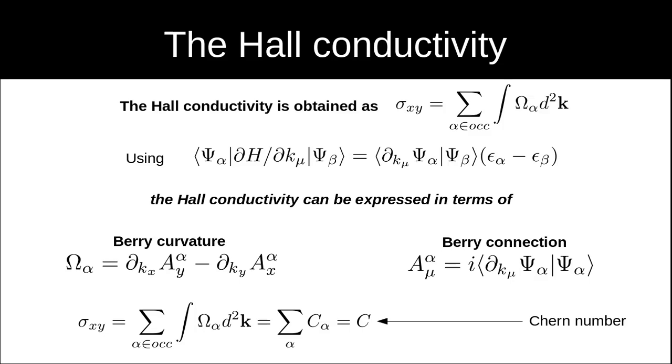And then there's an even more important point about the Hall conductivity, which is that, due to its definition as a function of the wave functions, one can show that it can only be an integer number for systems that have a gap. So if you have a system that is not a metal, that is an insulator, the Hall conductivity must be an integer, irrespective of any detail of your band structure, irrespective of how your dispersion is, irrespective of whether you have, let's say, 10 bands or 20 bands. You are always going to get an integer.